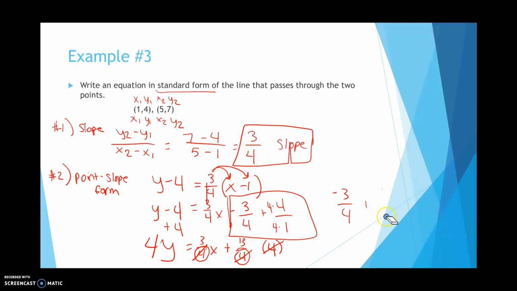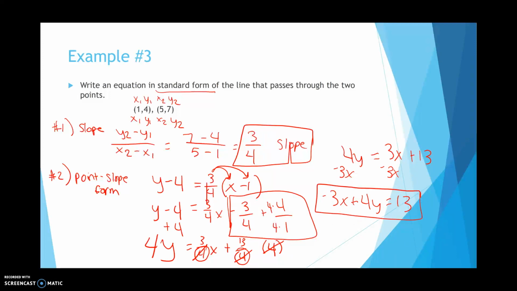So what I have now is 4y equals 3x plus 13. Now we can finish writing this in standard form by subtracting 3x from both sides. So what I have here is -3x plus 4y equals 13, and that is in standard form, and that'll be my final answer.